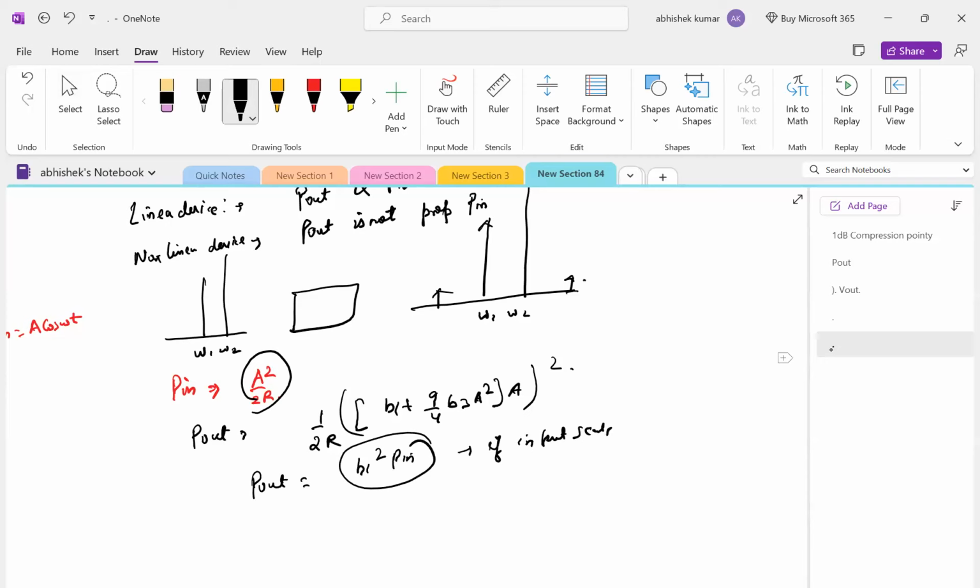But if the input is not small, then we will get nonlinear terms, and that is not an advantage for us.